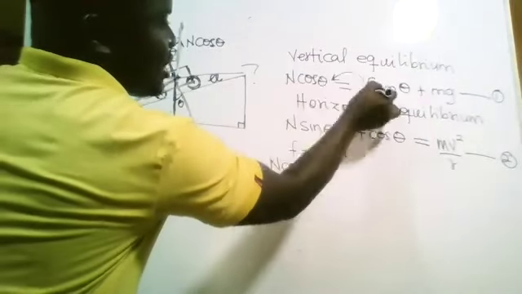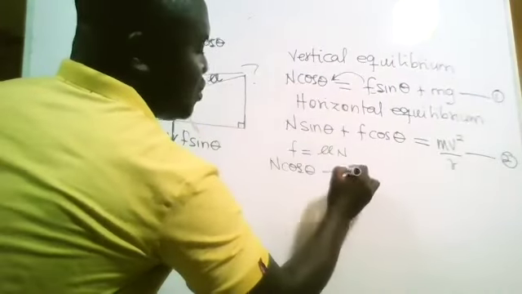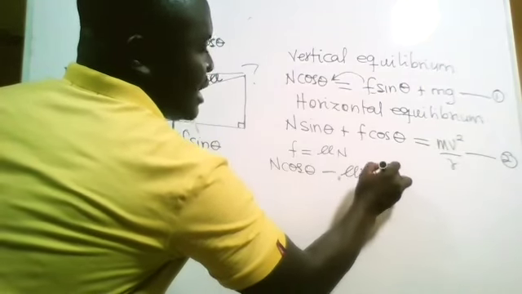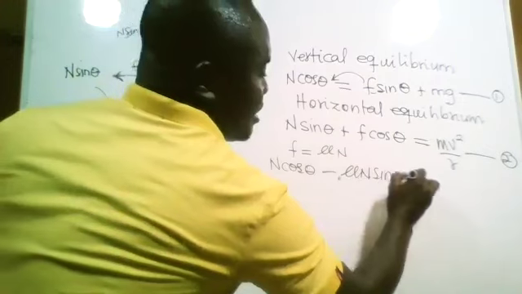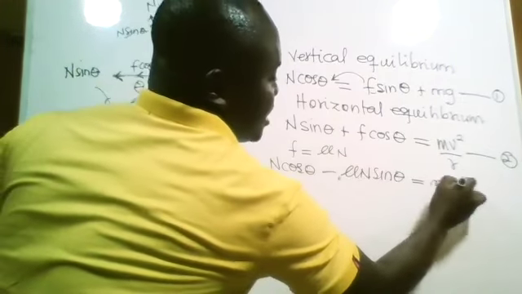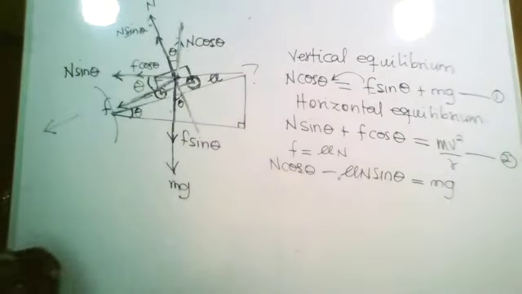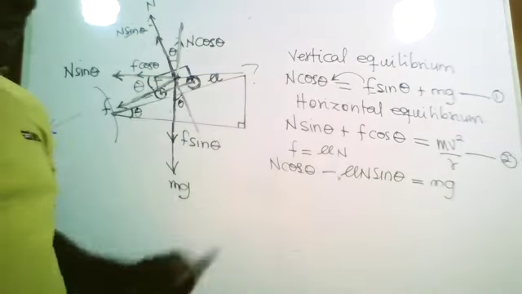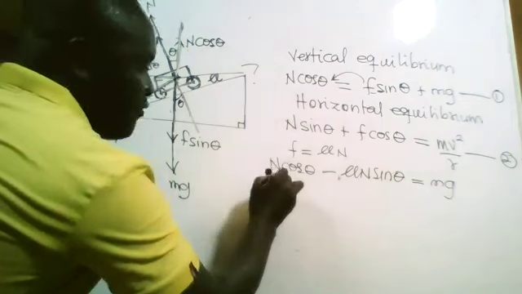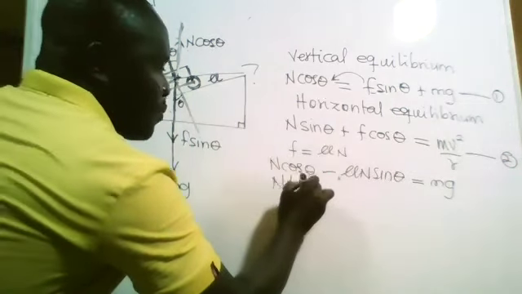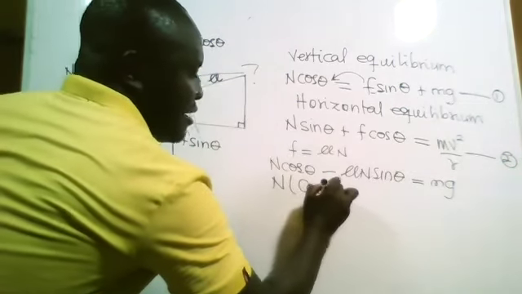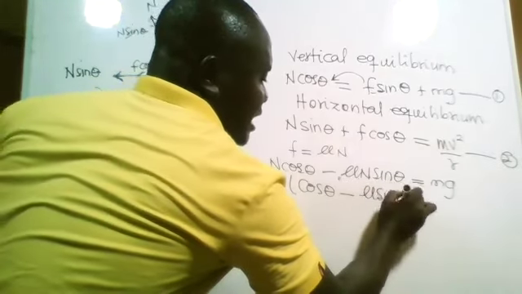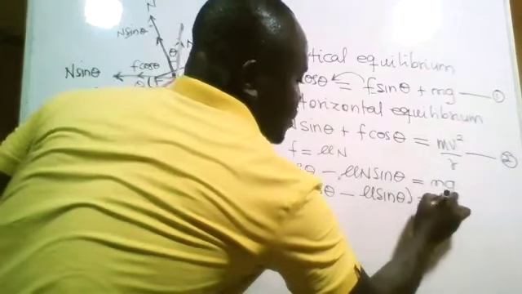Let's transfer this to the other side: N cos theta minus mu N sin theta is equal to mg. I'm just transferring F sin theta to the other side of the equation so that we can factorize out N. We have N times cos theta minus mu sin theta equal to mg.